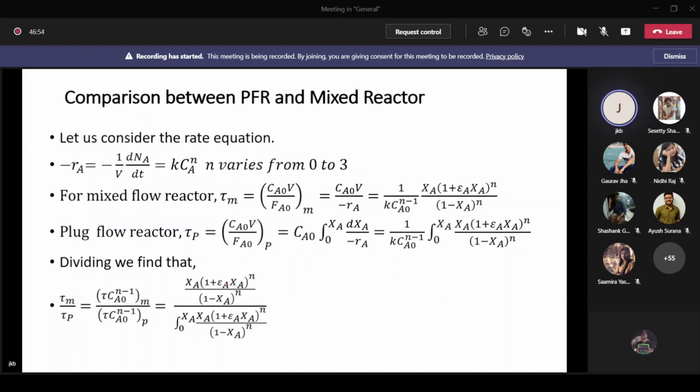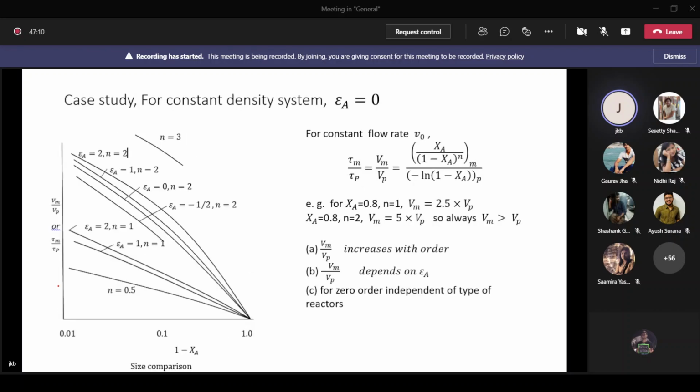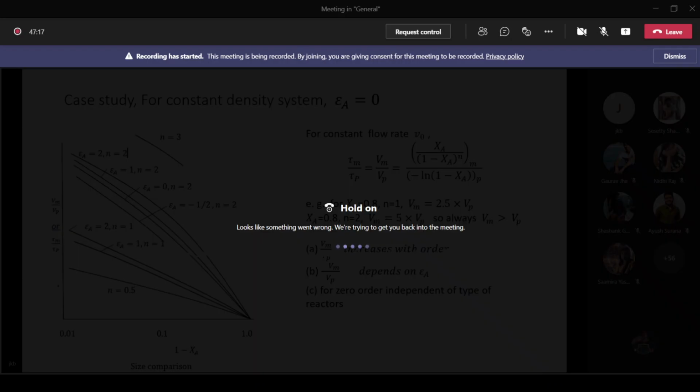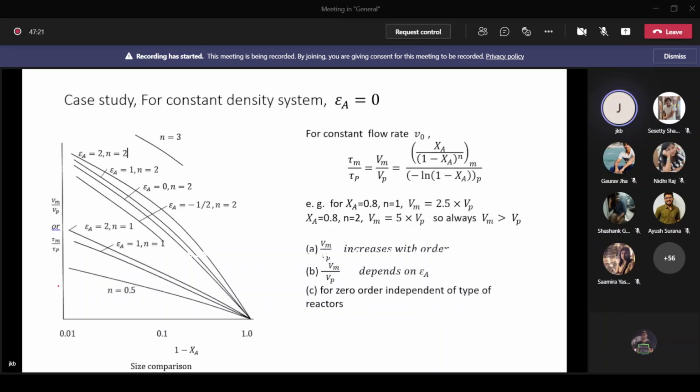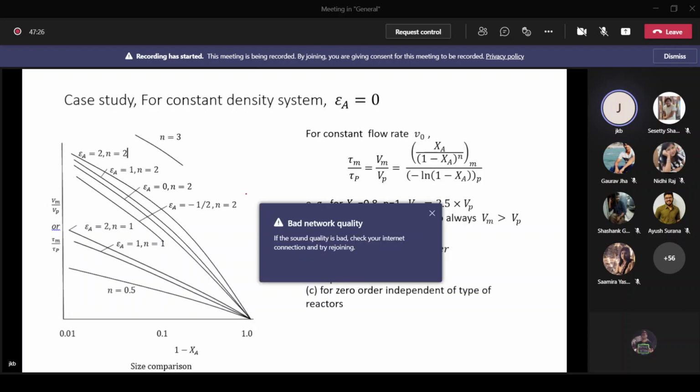That is, perform the integration also, and by the computer program in MATLAB platform or any Excel or any tools can be used. The ratio is plotted as a function of conversion for different value of n, epsilon, etc.